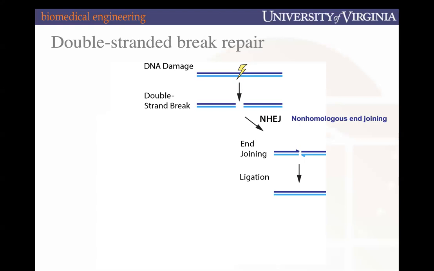And so the first key thing here is that there's not a key template being used to fix and repair, but rather these end-recognizing proteins will help sample and bring in nucleotides to fill in the gaps. And sometimes there can be small changes. This might sound quite similar to VDJ recombination, where there's this sampling and slight changes that occur. With non-homologous end joining, it's not too dissimilar, actually.